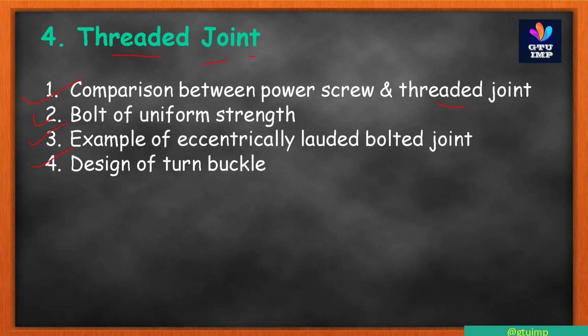Fourth is the design of turnbuckle. These are the most repeated questions in the threaded joint chapter. So don't forget any of these questions from this chapter and prepare well. One by one you can prepare all the chapters in this subject.